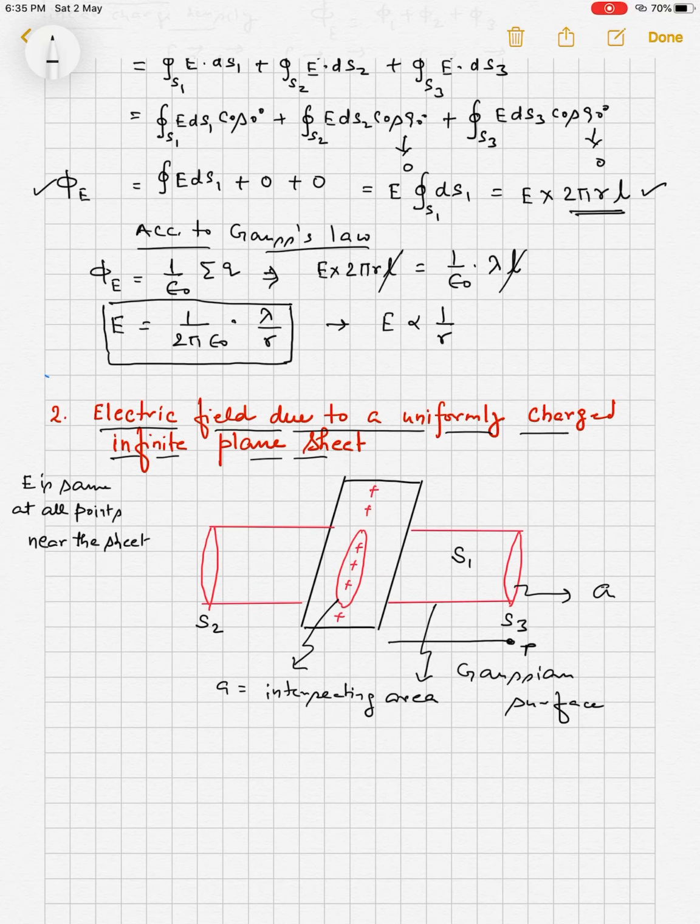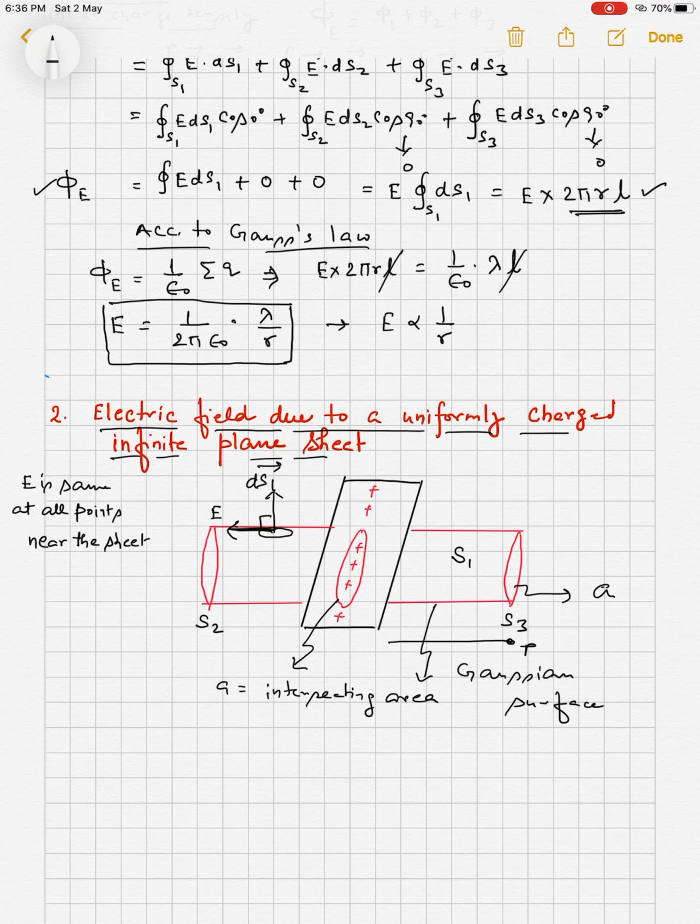Suppose here on the surface S1 we take a small surface element, whose area vector will be the outward drawn normal. So it is ds1, and the electric field due to this sheet is in this direction, away from the positive charge. So it is E. The angle between these two is 90 degrees.